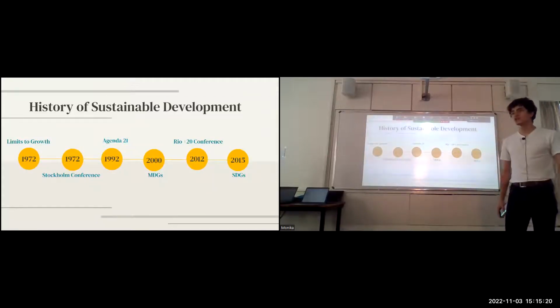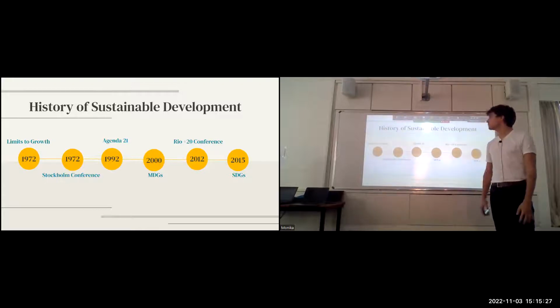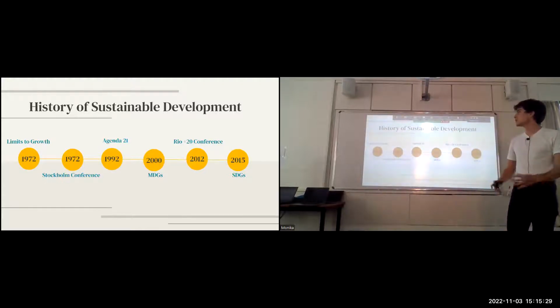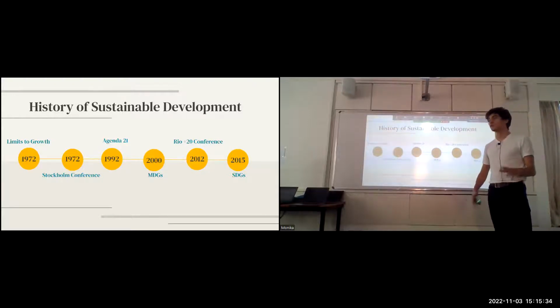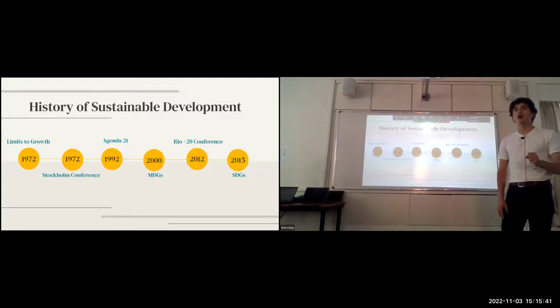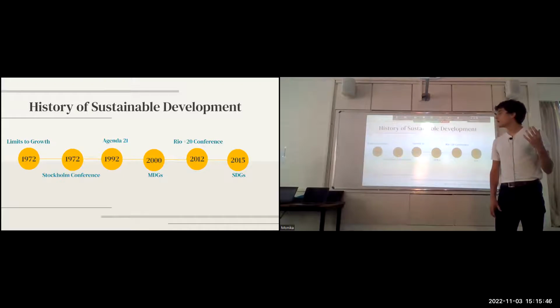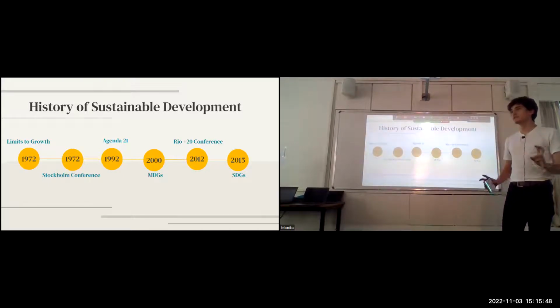To begin with, we're gonna talk about the history of sustainable development in terms of international relations and the UN. We can see how sustainable development starts with the publication of some books like Limits to Growth and some documentaries. These caught the attention of organizations such as the UN, and they started addressing this issue by creating activism and agreements on it.